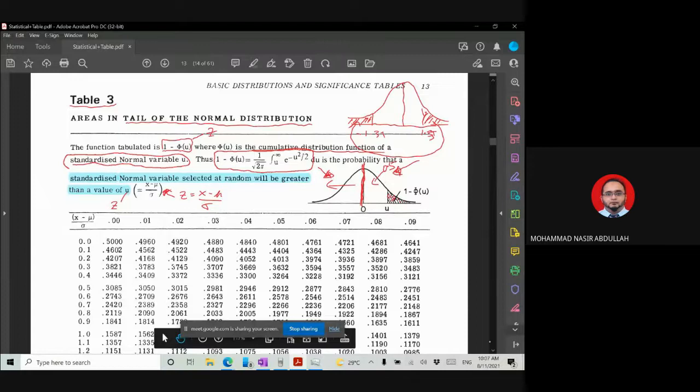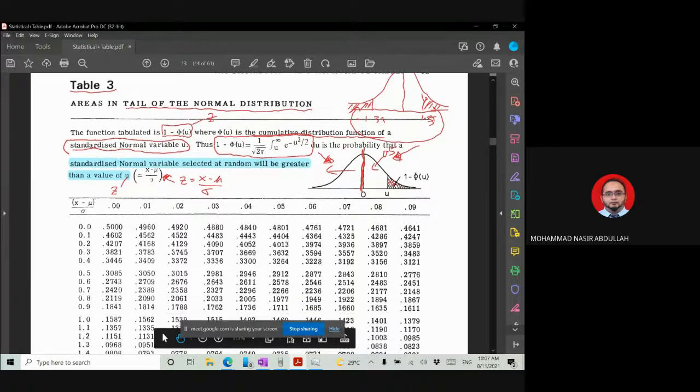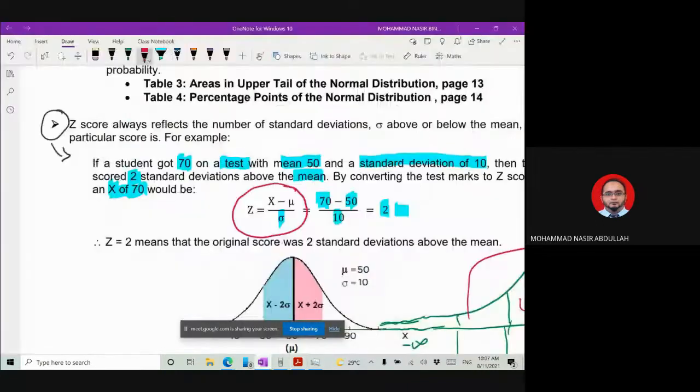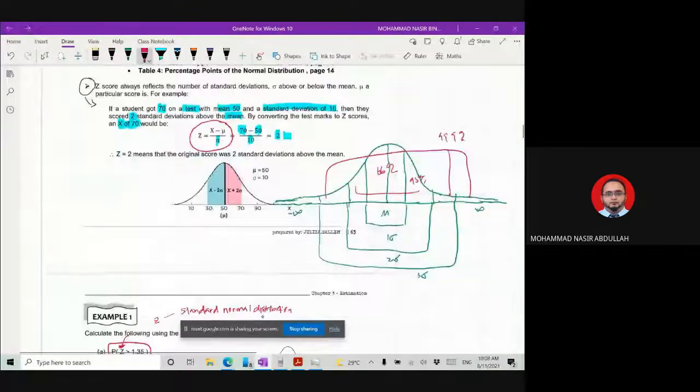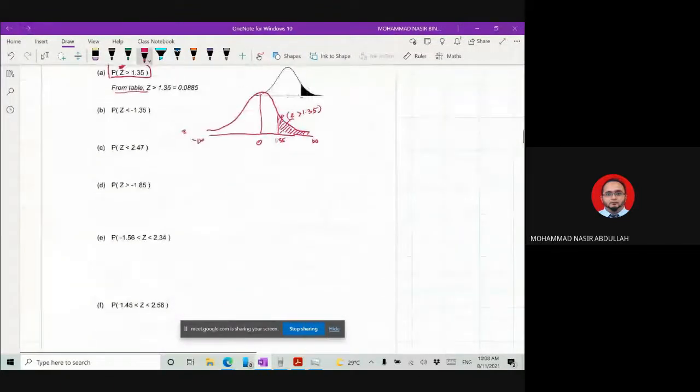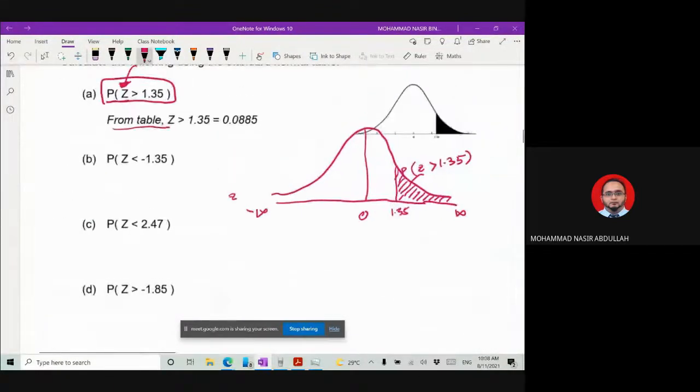Here, it measures the right hand side. Can you understand so far? This is very important. Now we are looking at Z more than 1.35. This is going to be 1.35, and we want to find this area, right?